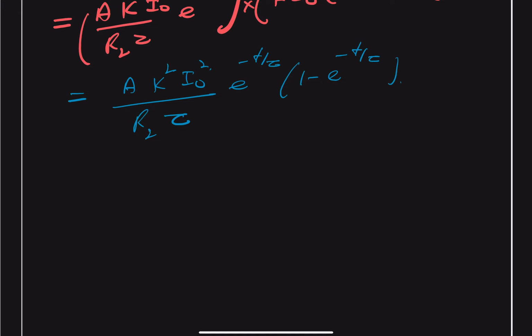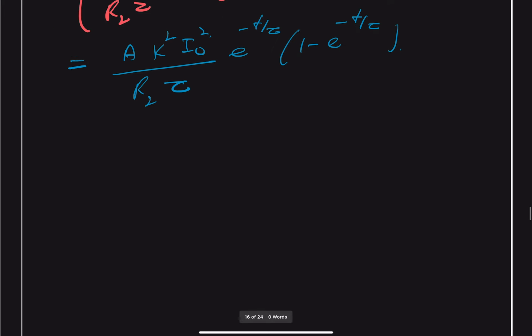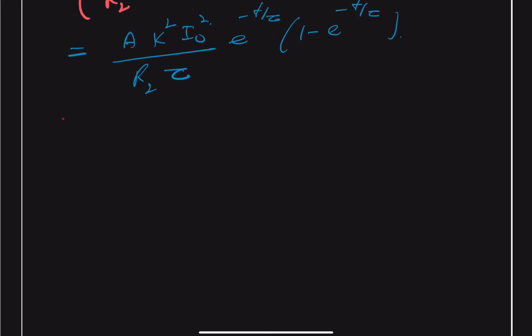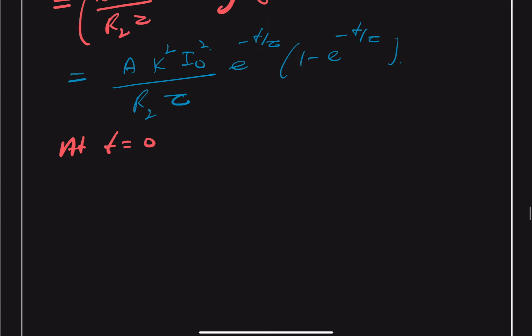So it is given that this function is for t equal to 0 up to t equal to infinity. You can say at t equal to 0, the product, you can easily understand, will give us 0, because e raised to power 0 will be 1, and this is 1 minus 1, so this will be 0. So therefore from here we can say I2 of t multiplied by B of t is equal to 0.